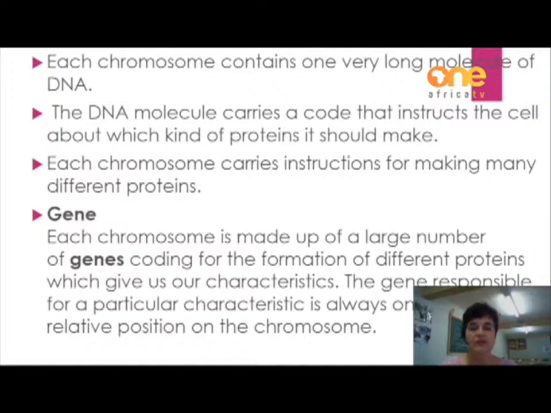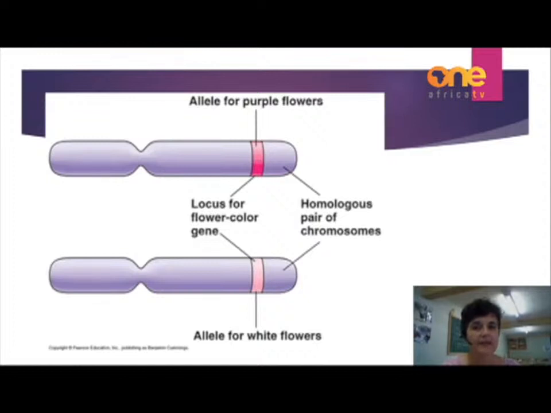If that mucus is not made to a specific recipe and it's thick and sticky, you can suffer from a disease called cystic fibrosis. And that cystic fibrosis is due to a gene on the chromosome that does not know the proper recipe to make the good mucus that we need in our lungs. That's just to help you to understand.